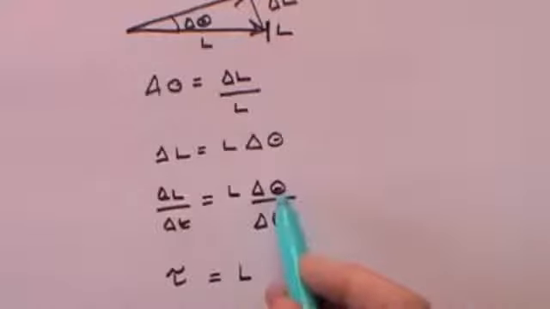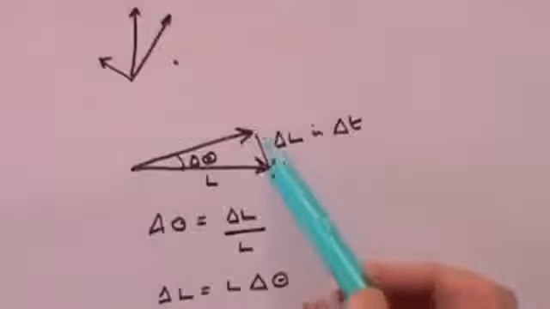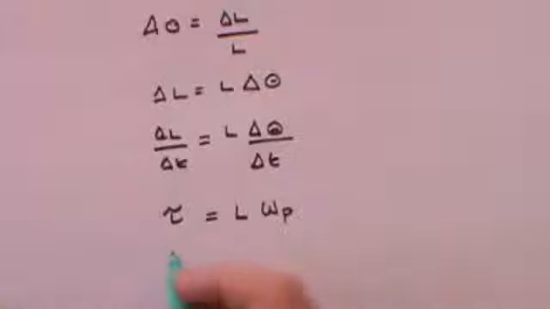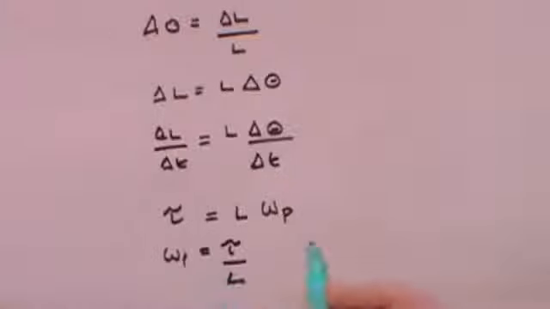The rate of change of angle with time is the angular velocity. And that is the velocity of precession, the velocity with which the gyroscope travels around the point, the angular velocity. And that means that omega p is equal to tau divided by L.